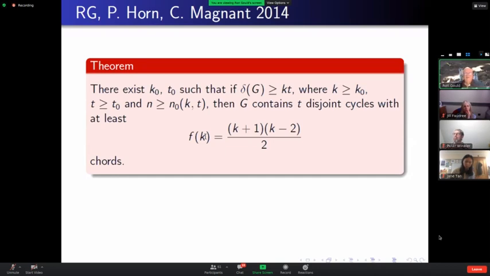So this is a loosening of the Hajnal-Szemerédi theorem in the sense that we are looking for cycles with chords rather than a clique number of chords. And if we make things big enough, it will work. This doesn't cover all cases because the k0 and the t0 have a little fight in the proof. They work against each other a little bit, so it's not quite covering all cases, but it's covering a lot.